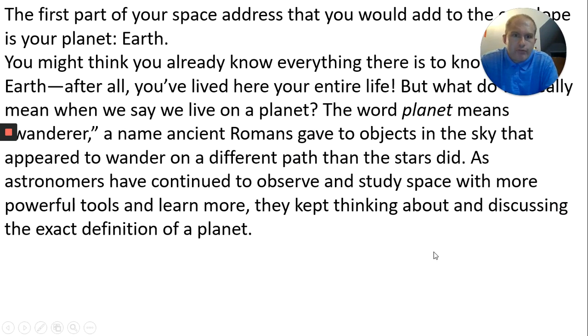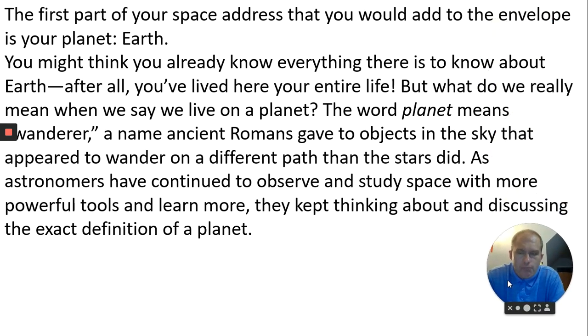Now, the first part of your space address that you would want to be able to add to the envelope is your planet, Earth. Now, you might think you already know everything there is to know about Earth. After all, you've lived here your entire life. But what do you really mean when we say we live on a planet?